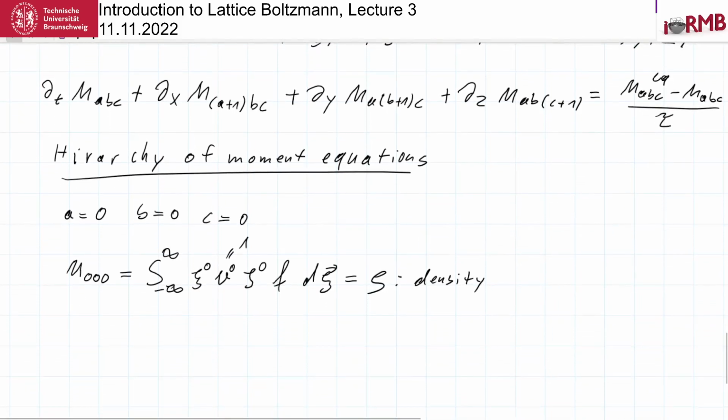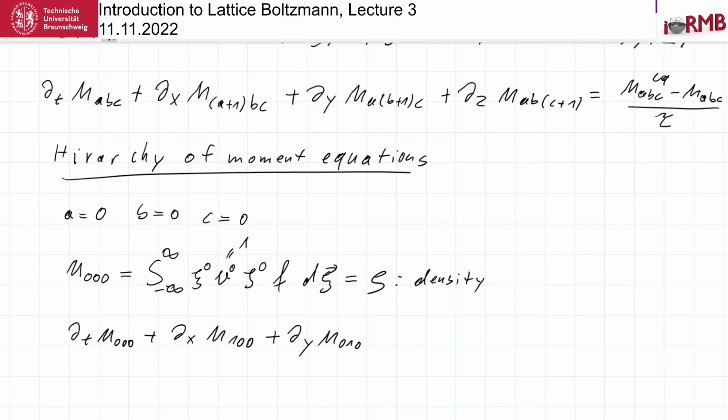So this means we get an equation on the time evolution of density. What you observe is that we count the indices according to their direction in space. We always count one index up.